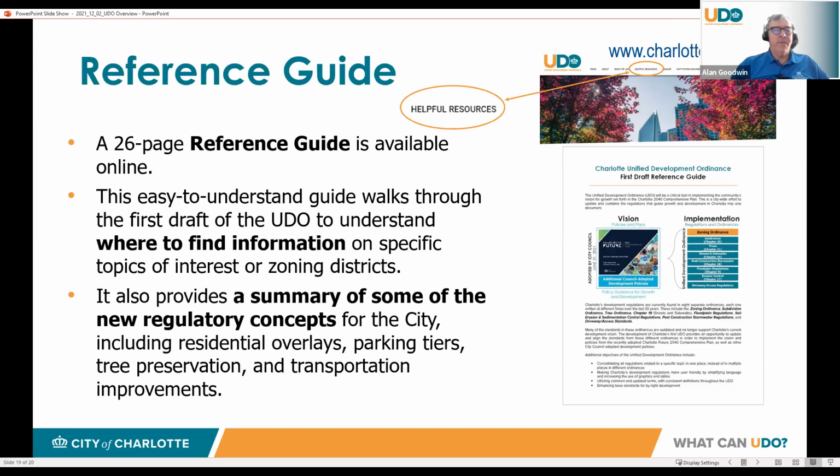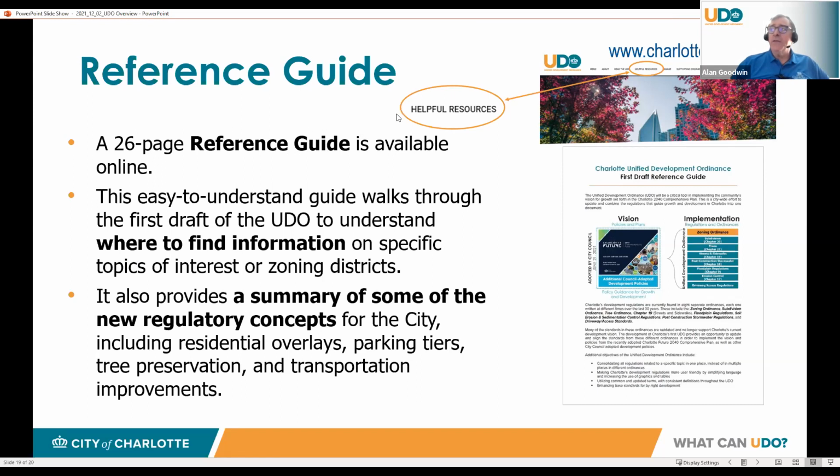Thanks, Arista. A question from someone on where to find the 26-page reference guide. I covered it in this slide, and my colleague Kevin has put a clickable link in there as well, if that helps. But you can also go to the charlotteudo.org website, and at the very top in the menu bar, there's a pull down for helpful resources.